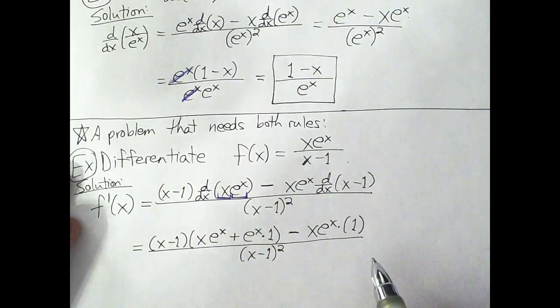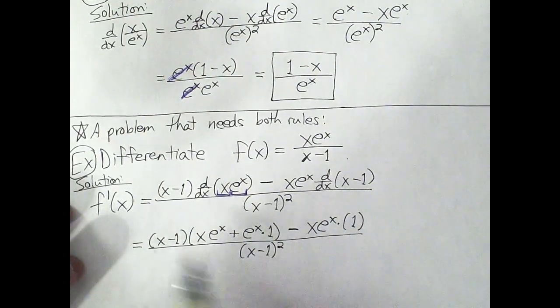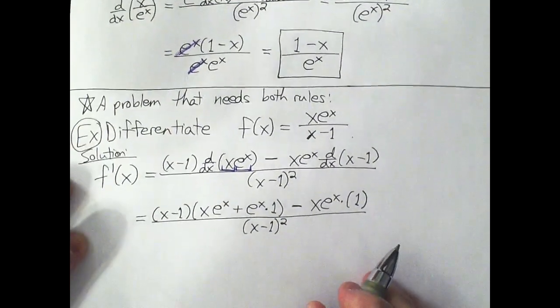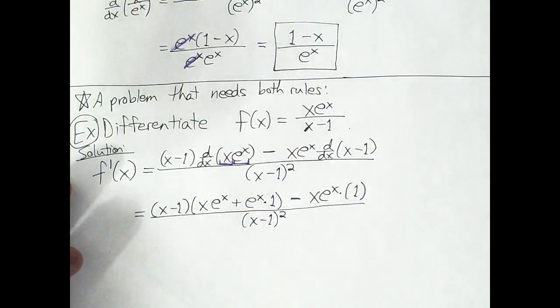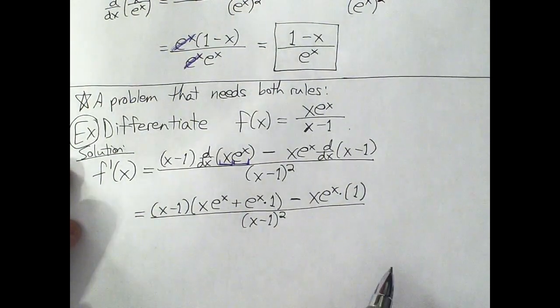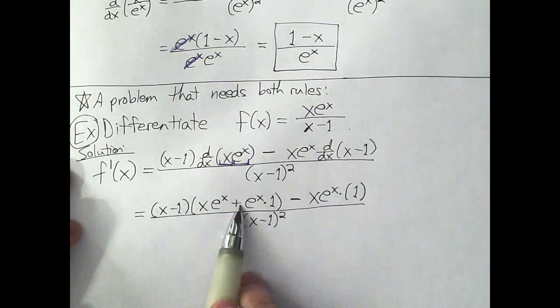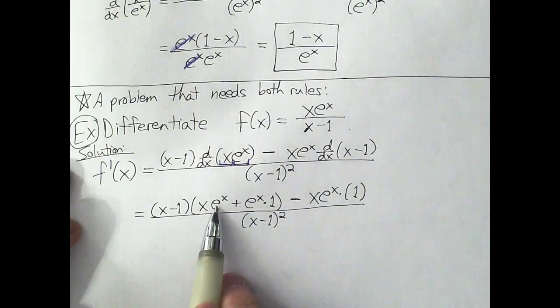Okay, we actually did all the differentiating, right? There's no more d dx's. So now it's just a matter of, is there anything that cancels? Let's get rid of the times 1, and let's just fix up the answer a little bit. How do we want to do this? Do we want to distribute? I actually think instead of distributing this times this, I want to pull e to the x out.